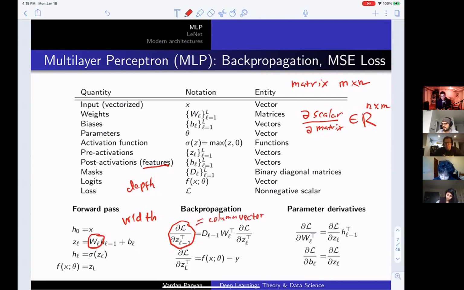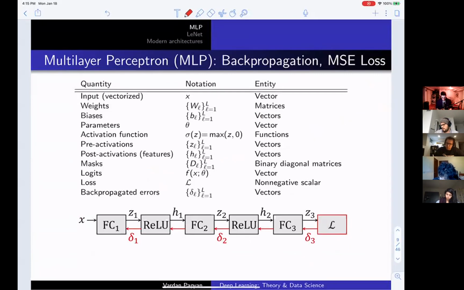Okay. Now, why do we care about these backpropagated errors, or what are backpropagated errors? So backpropagated errors graphically can be seen here. So you start with the loss, which is this thing, and then you calculate the derivative with respect to the output of this fully connected layer.